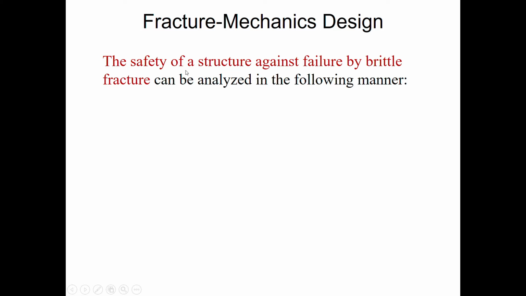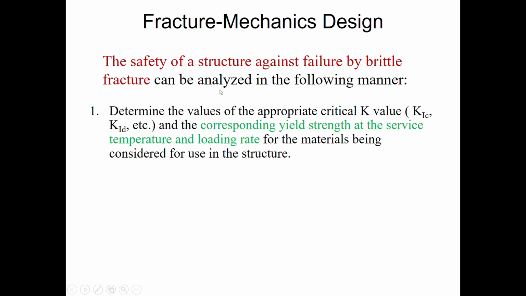Okay, the safety of a structure against failure by brittle fracture can be analyzed in the following manner. First, determine the values of the appropriate critical K value, K1C, K1D, etc., and the corresponding yield strength at the service temperature and loading rate for the materials being considered for use in the structure.